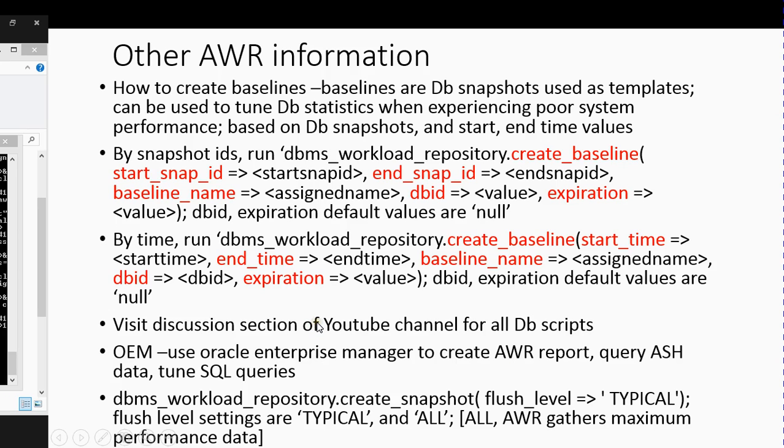In terms of other AWR information you should know, you can eventually create a baseline, right? A baseline is basically a template. You're saying these are the performance metrics that I'm expecting from my database, and if anything is not at this performance level, then I have to tune to resemble the baseline statistics.